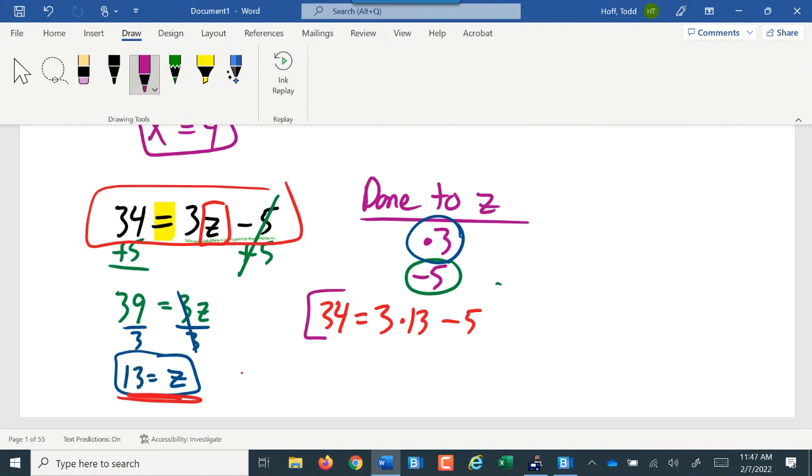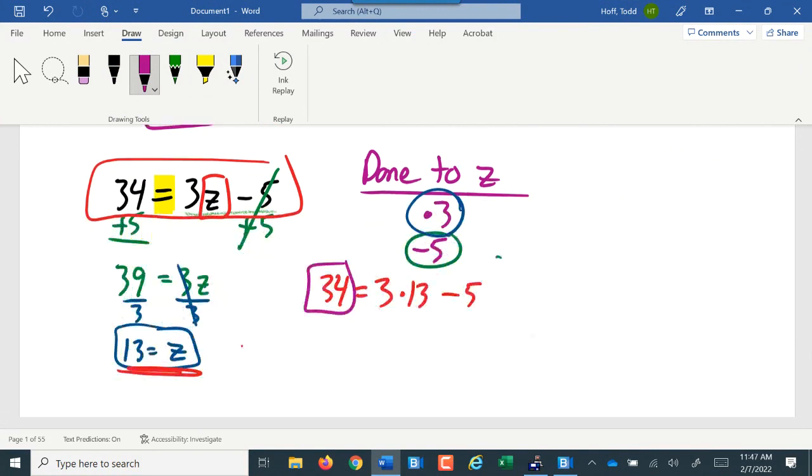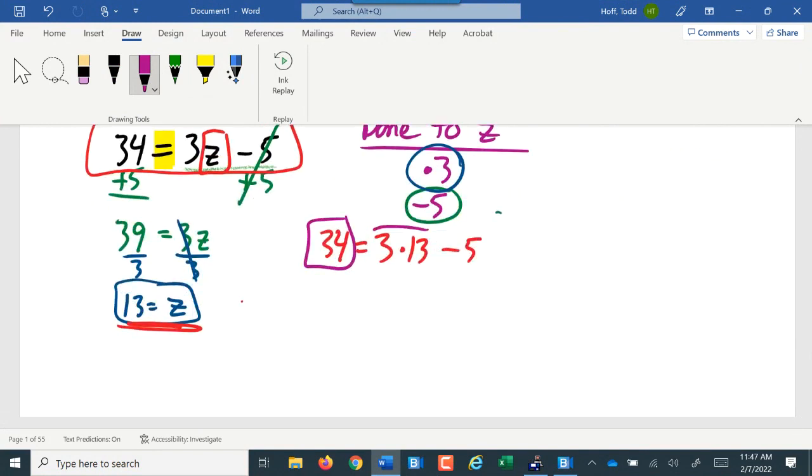Well, we already have 34 on the right side. That's all there is. We need to check, do our order of operations to simplify and see if we have 34 on the left side. 3 times 13 is 39. 39 minus 5 is 34. So we also have 34 on the other side. So getting the same number, we're relatively sure we did that correctly.